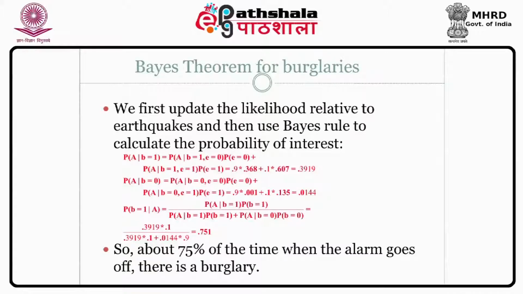Now we use Bayes' theorem for burglaries. We first update the likelihood relative to earthquakes and then use Bayes' rule to calculate the probability of interest. Very simple to do. We have the probability of A given B equals 1, E equals 0. That means an earthquake doesn't occur but a burglary occurs, and then the alarm goes off, that is, the alarm rings.